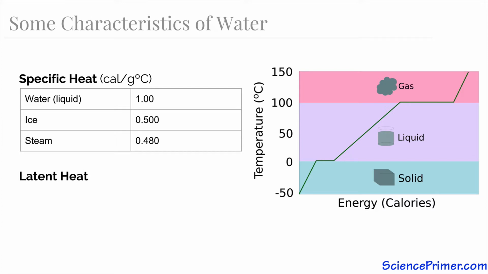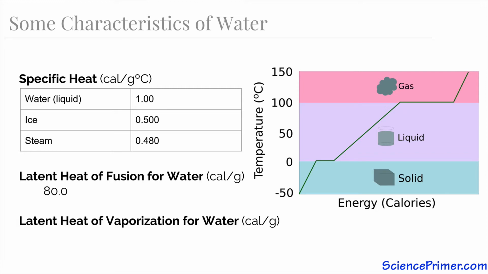Heat associated with different phase changes can also be quantified. The energy associated with the change from ice to water is called the latent heat of fusion for water and has a value of 80 calories per gram of water. Heat associated with the transition from liquid water to vapor is called the latent heat of vaporization, and for water, it is 540 calories per gram, which is a lot of energy.